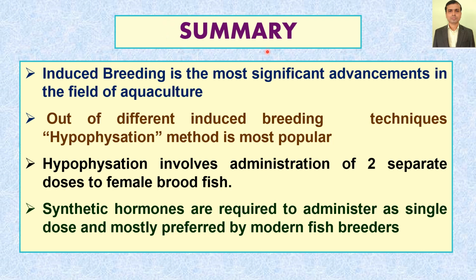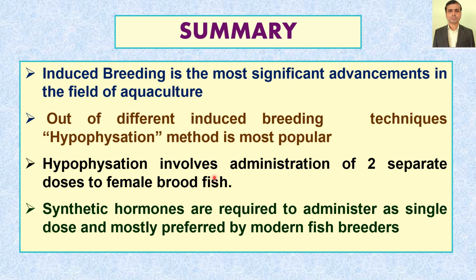To sum up the presentation, we can say that induced breeding is the most significant advancement in the field of aquaculture, in the field of blue revolution. Out of the different induced breeding techniques, namely bund breeding, hypophysation, and use of natural and synthetic inducing agents, the hypophysation method is popular among the fish farmers.